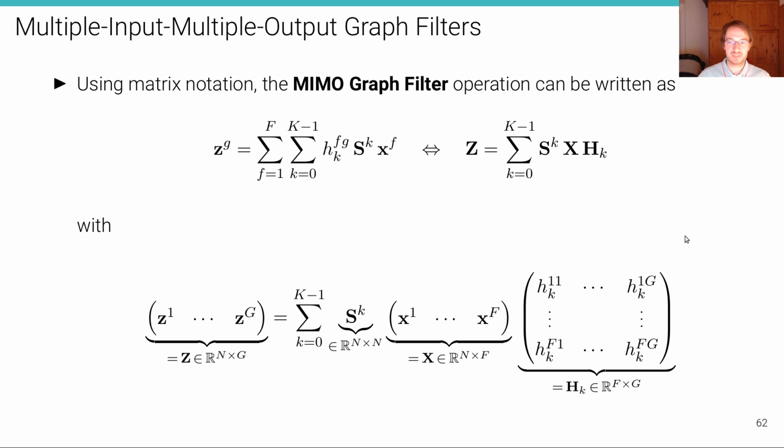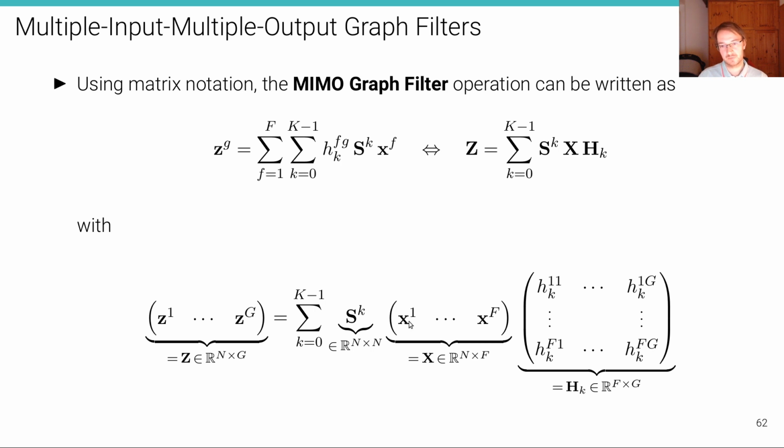This can simply be written as a matrix C equals this sum, this polynomial over S to the power of k times the input X times the filter matrix H_k, where the columns of C correspond to the G feature values and the rows correspond to the N vertices. And then we have this N times N graph shift operator.